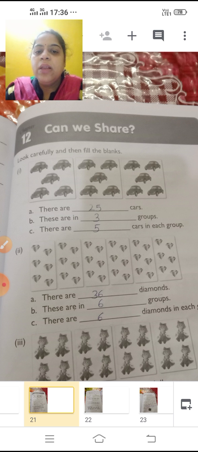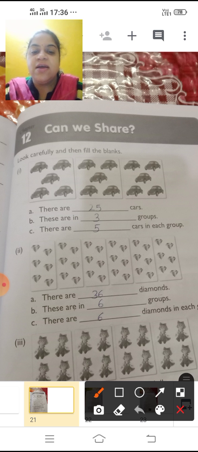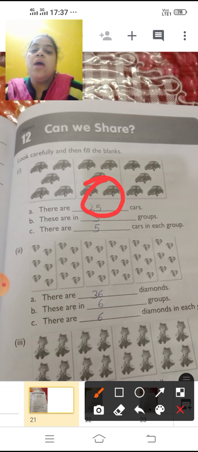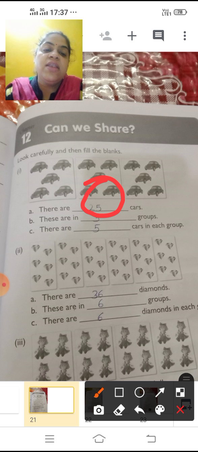Look carefully and then fill the blanks. There are dash cars. So children, we have to count all together how many cars are there. There are 25 cars. Now these are in dash groups. How many groups?